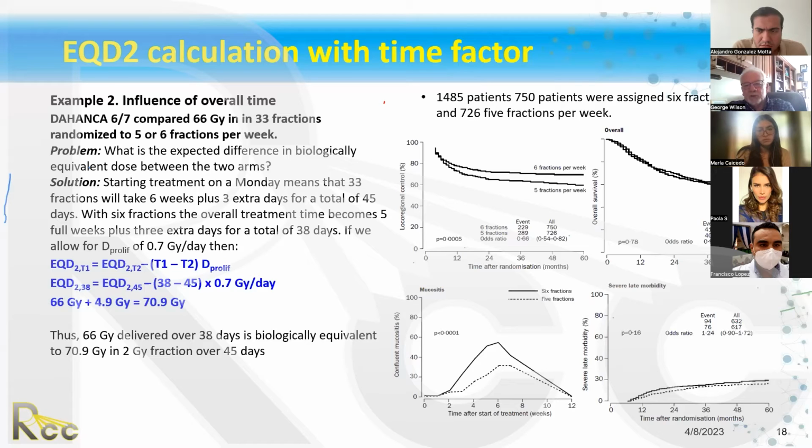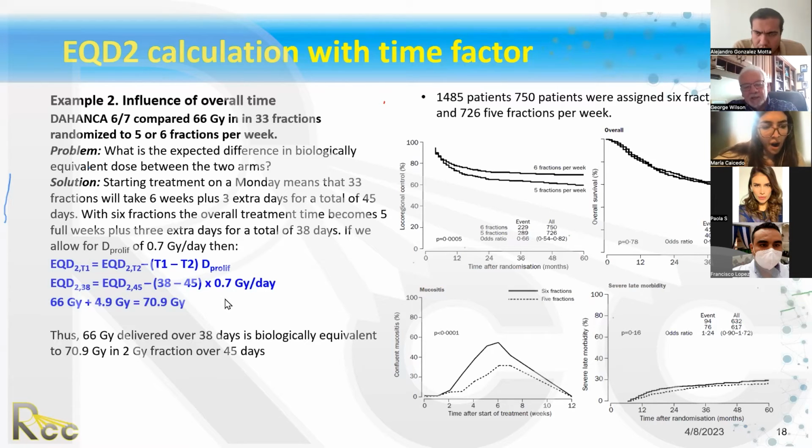On the right, it shows you that this is the real data from the study, that the 6 fractions per week were significantly improved local control, no real effect on overall survival. But also one of the downsides of accelerating treatment is here. You can see that the confluent mucositis was increased significantly in the accelerated arm compared to the conventional arm.